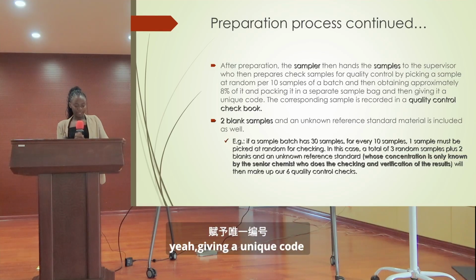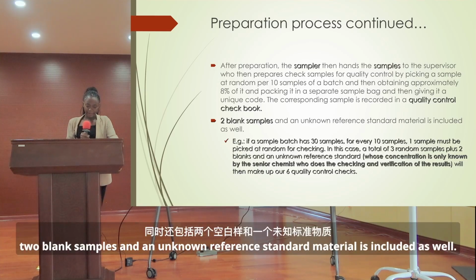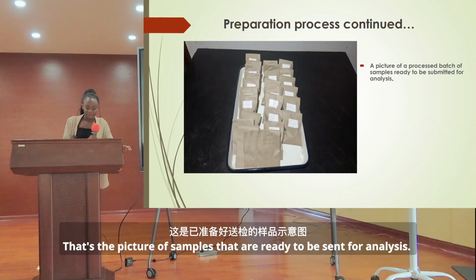Then the corresponding sample is recorded in a quality control checkbook. Then 2 blank samples and a reference standard material are included as well. That's just a picture of samples that are ready to be sent for analysis.